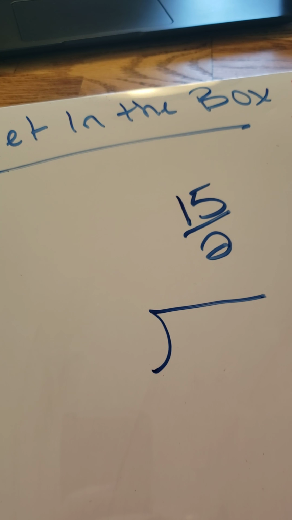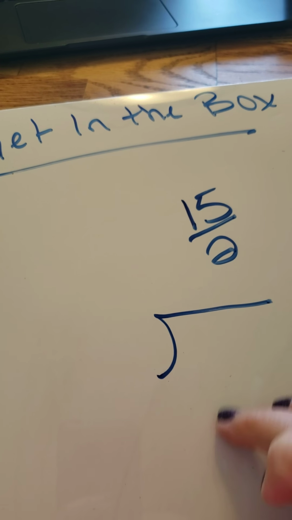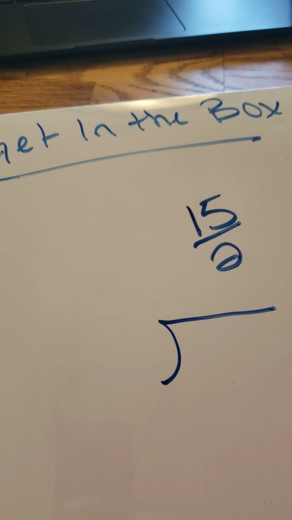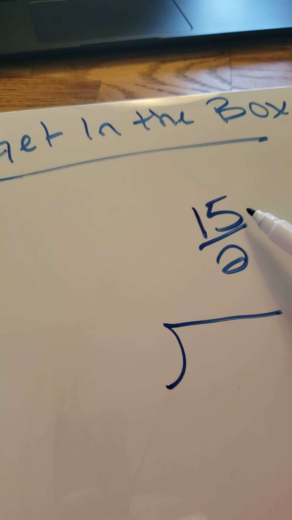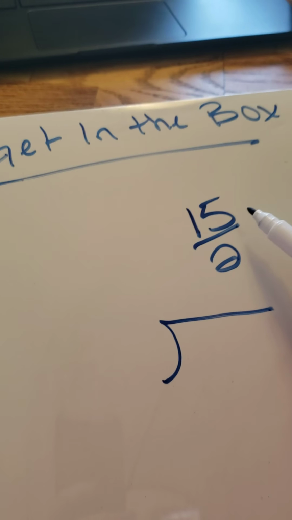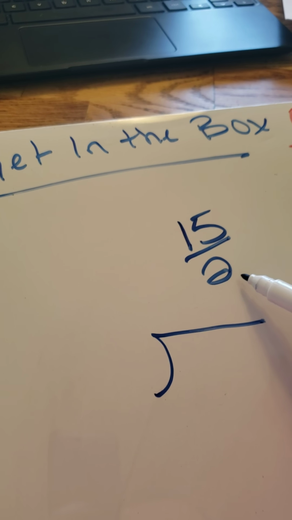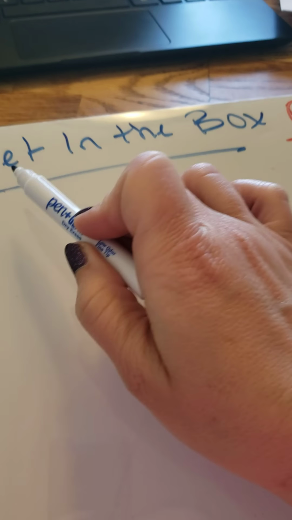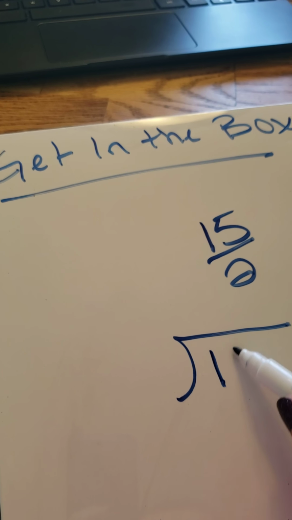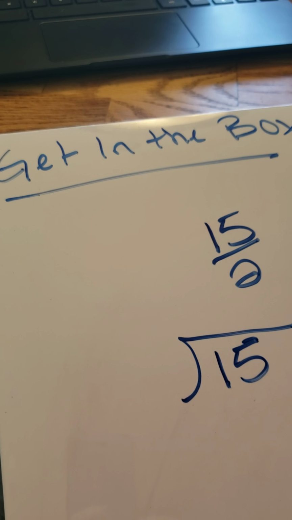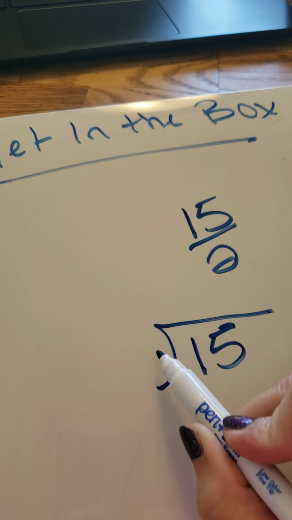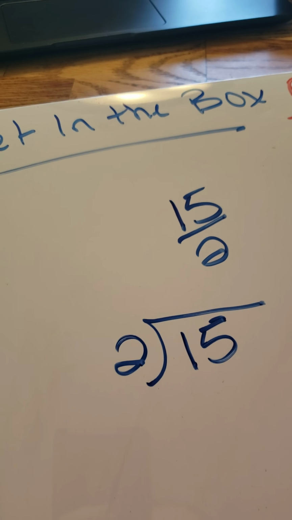This is why I made you do long division, so that you would be set up to understand improper fractions. So who's naughty? 15 or 2? 15. He can't be bigger than the bottom number, so he's naughty. So 15 needs to get in the box. Perfect. 2, he's our good player. He gets to sit outside the box.